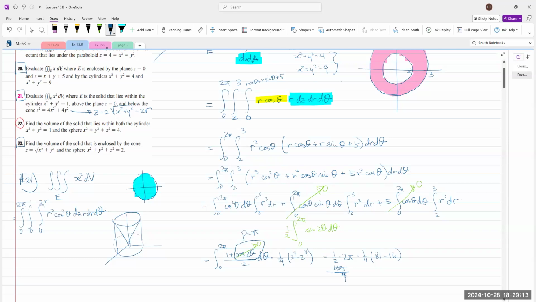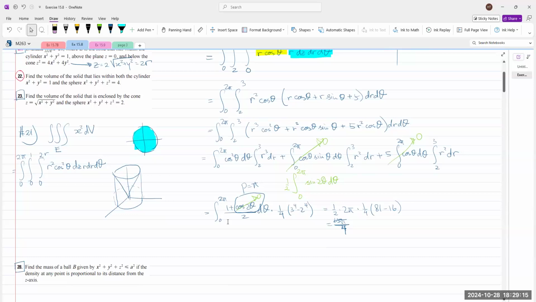I think you can integrate it yourself already, right? So this becomes the integral from 0 to 2 pi, integral from 0 to 1 of r cubed cosine squared theta times 2r dr d theta.